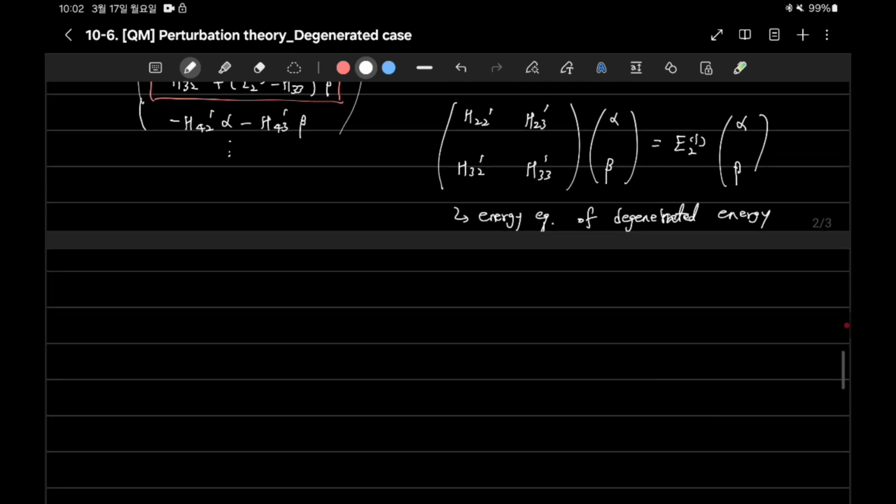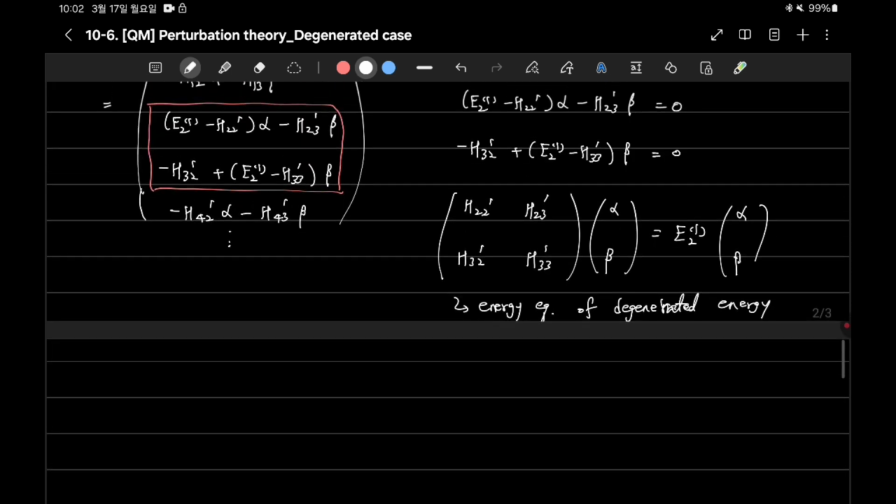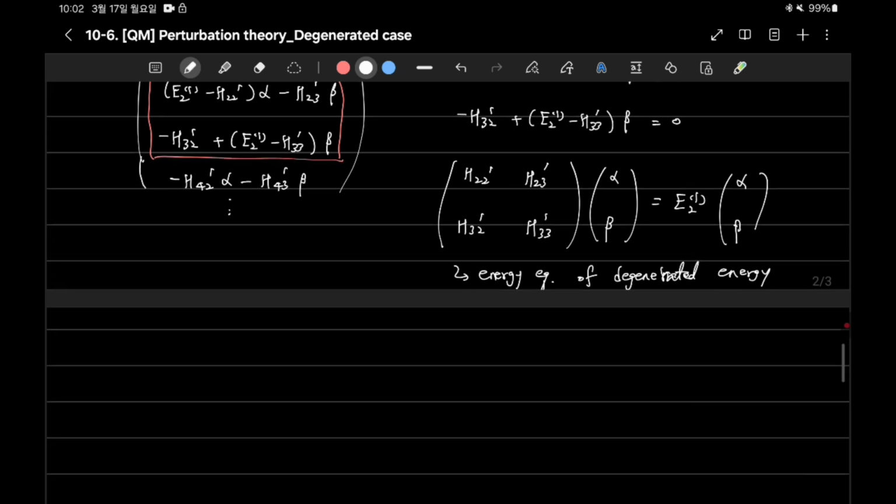Here we know that it should be diagonalized from this equation, and from the diagonalization the determinant of E2 first order minus H22 prime, E2 first order minus H33 prime, minus H23 prime, minus H32 prime should be zero.